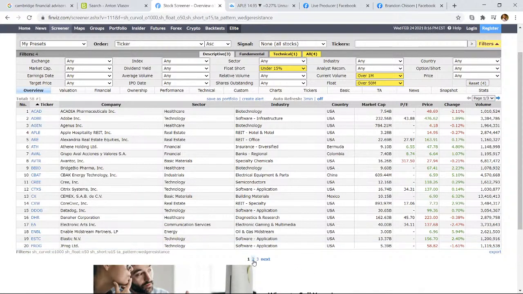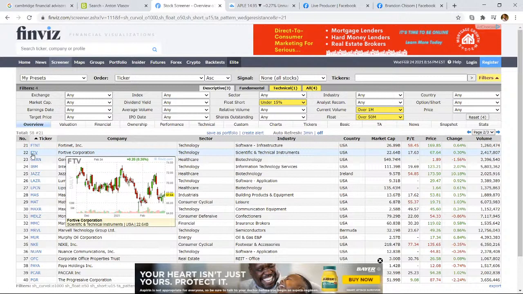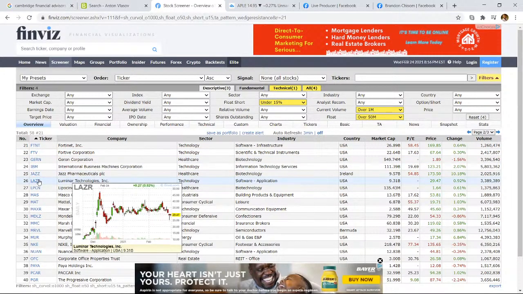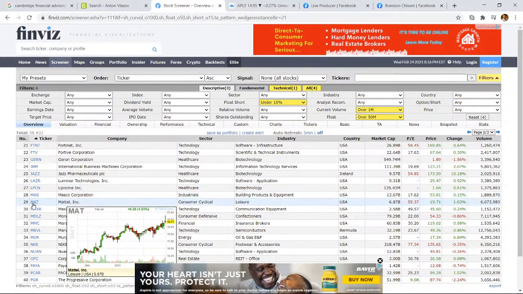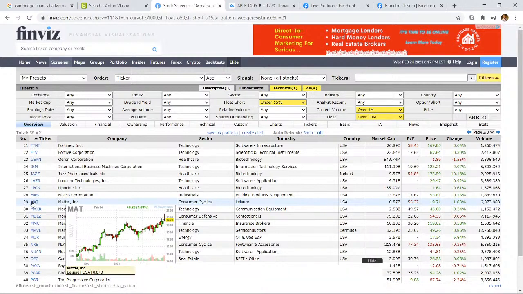All right, that's the first page. All right, let's do this one. This one looks like a pretty good one.